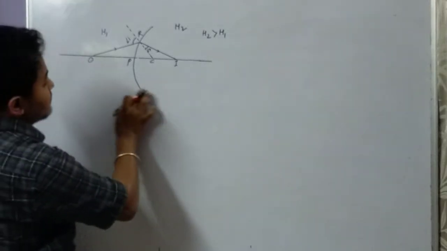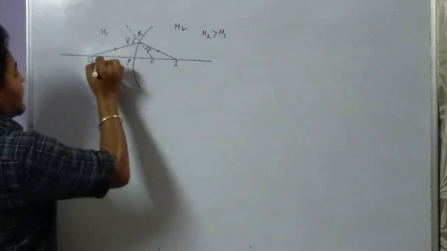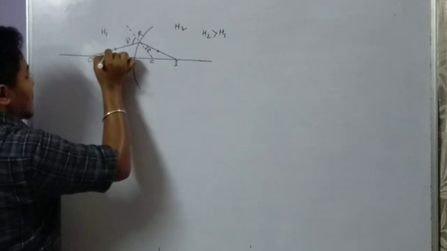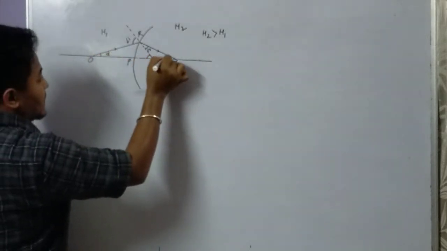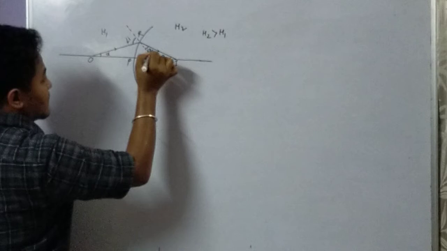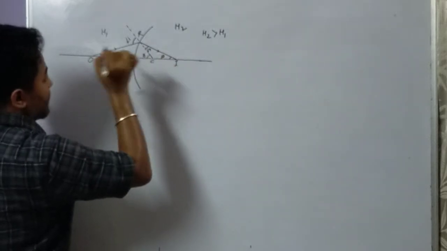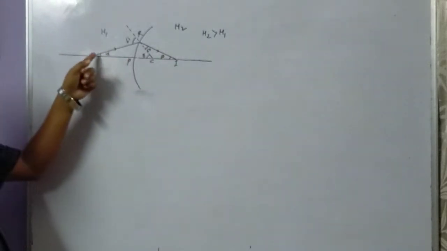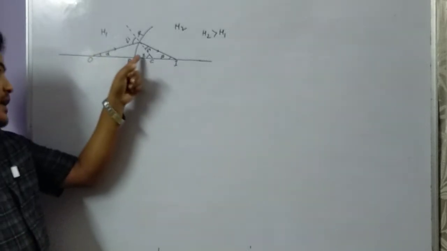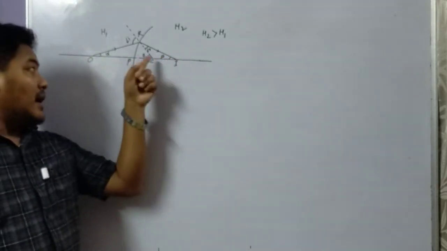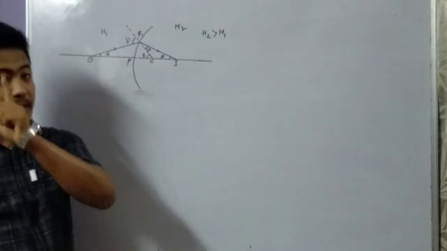Now suppose this angle is alpha, this is beta and this angle is gamma. I have named them.